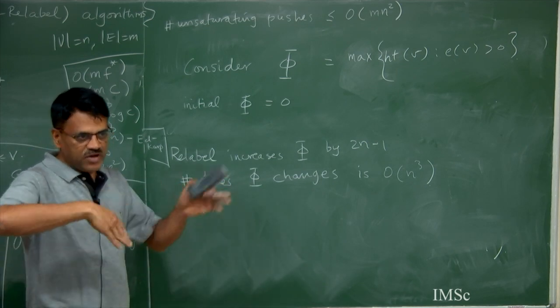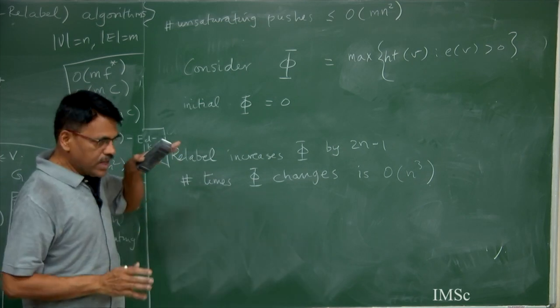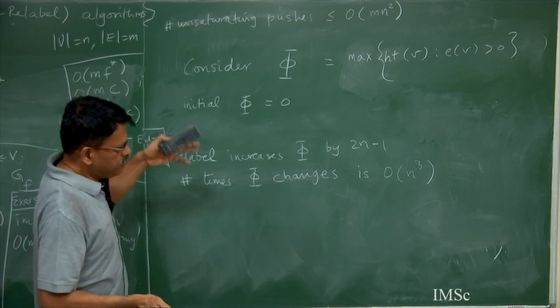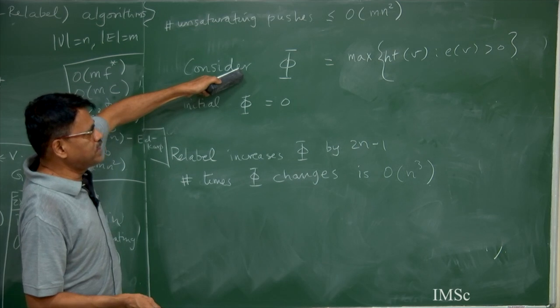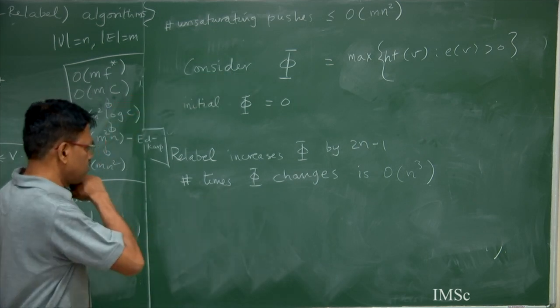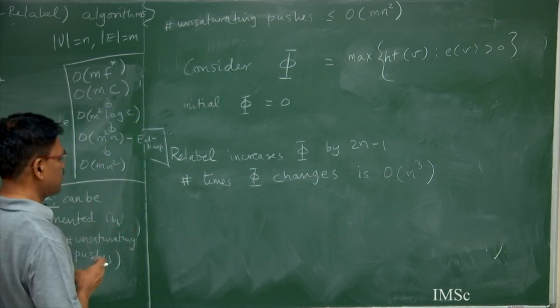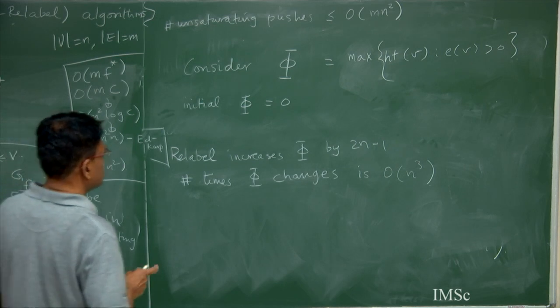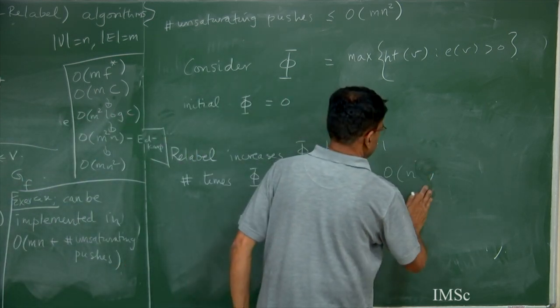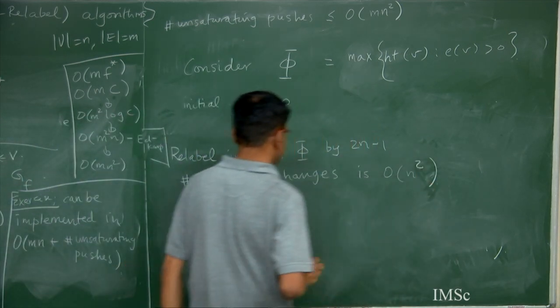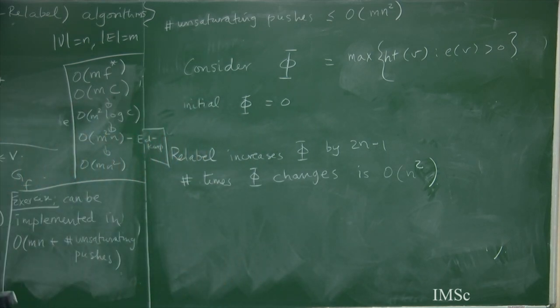So the number of times phi would change, I want to actually say n squared. I'm not talking about the value of phi, because the value of phi we know is bounded.